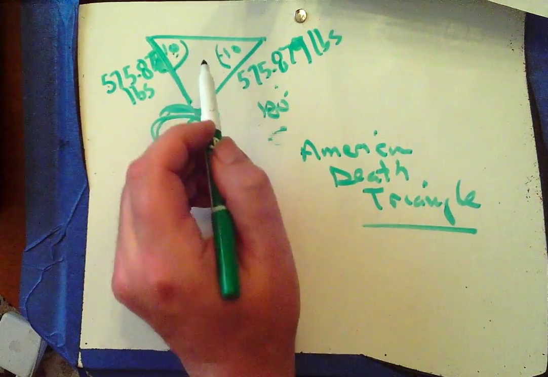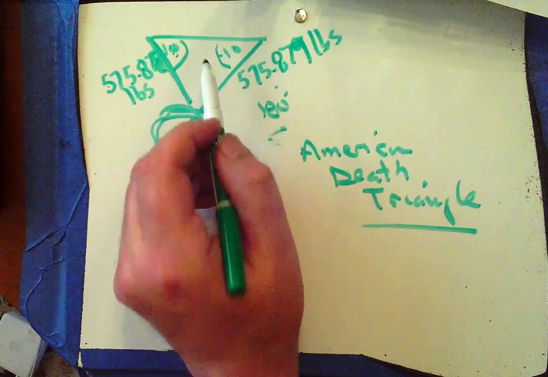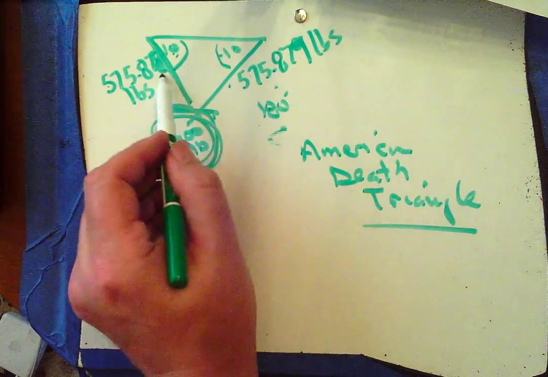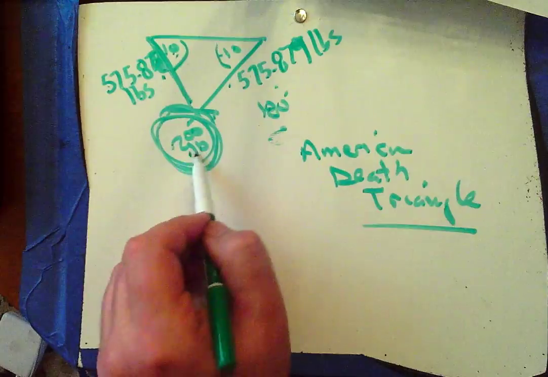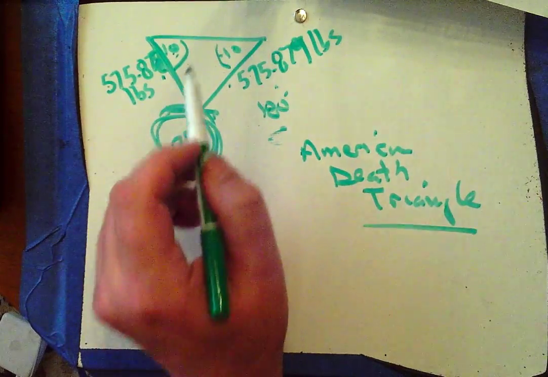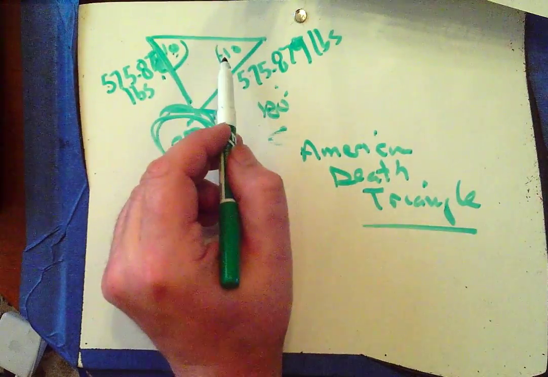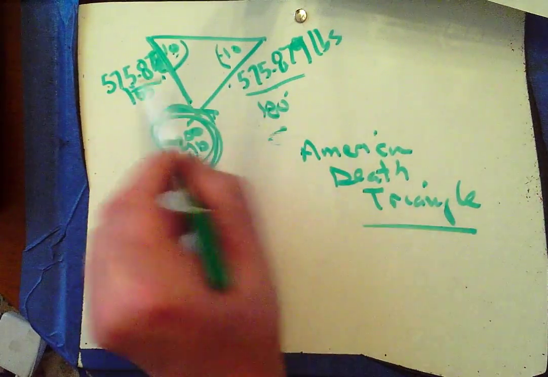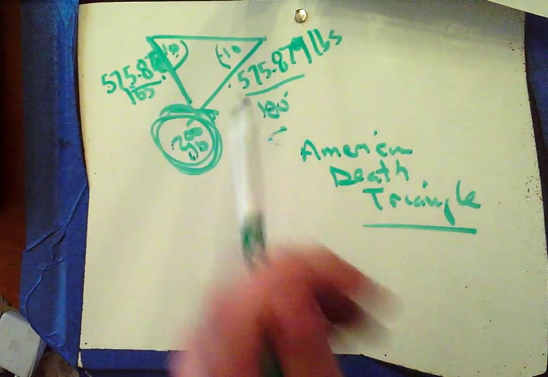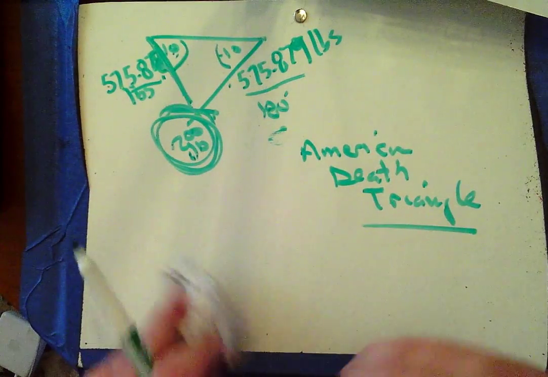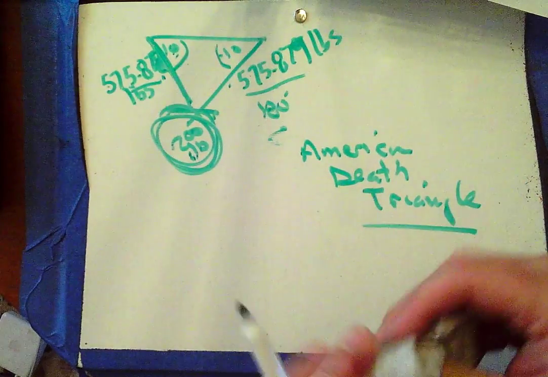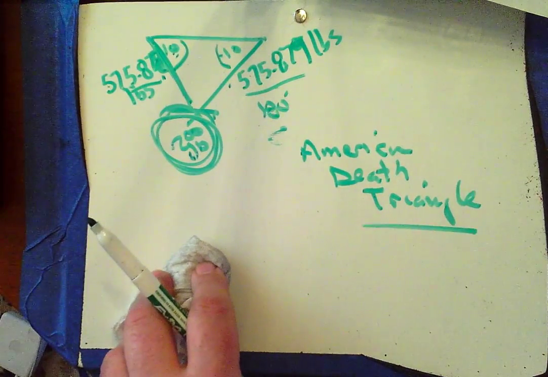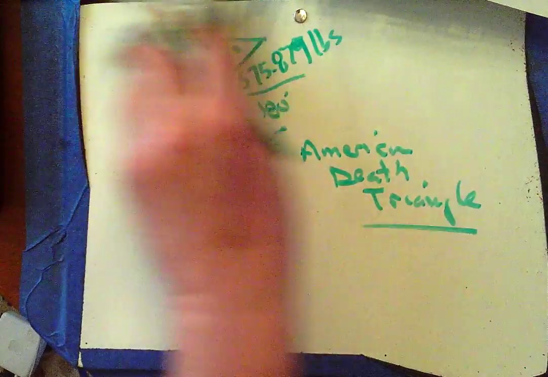You want these angles bigger than 30, because at 30 degrees, each of them is carrying the weight on that point. But if you make them smaller than 30, then you get a force multiplier going on, and these things could get torn right out of the rock wall and you could fall to your death. In fact, some people have. So please, when you start climbing and building your own anchors, think about the American Death Triangle.